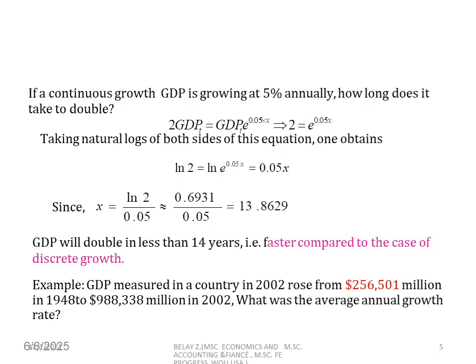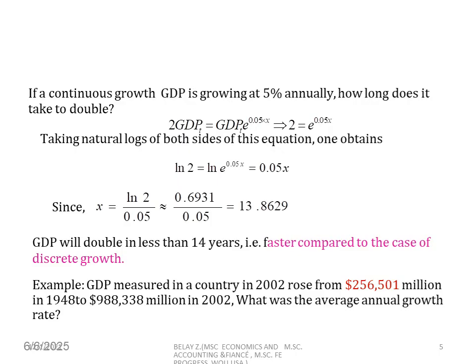Since x is equal to ln 2 over 0.05, when we divide, we get 13.8629. GDP will double in less than 40 years because it is very fast.